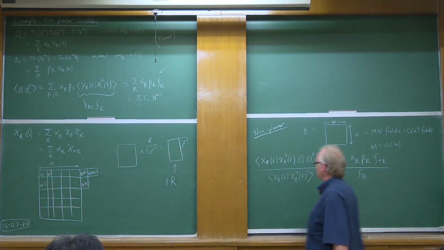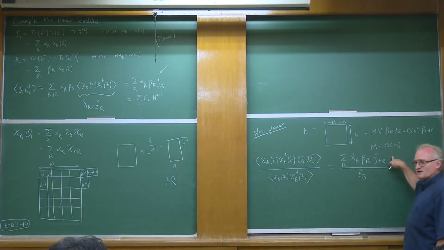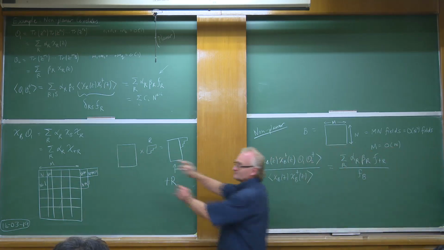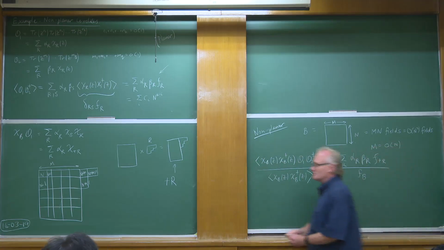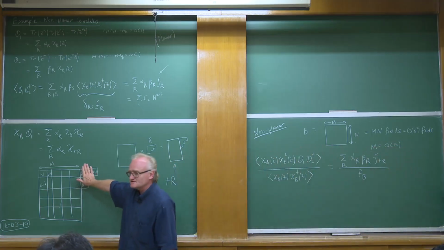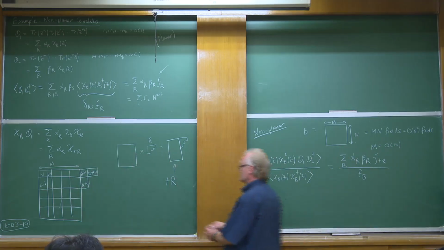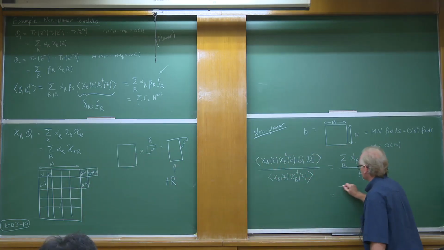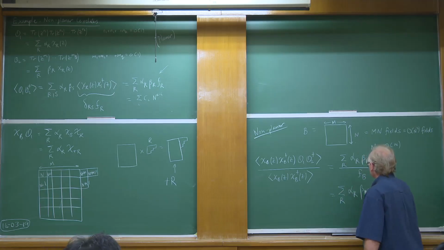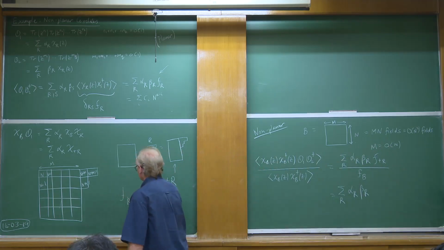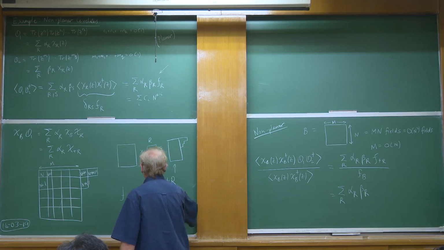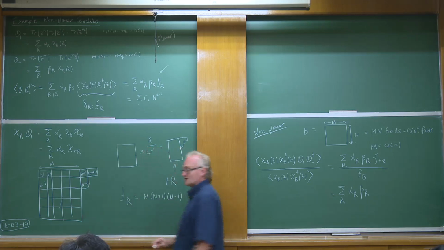So if we look at what's happening here, here we've got f plus r, which would be a product of all of those numbers, divided by fb, which would be a product of all of the numbers except for these sitting out here. So in the end, what do you get? You just get a sum over r, alpha r, beta r, and now fr itself would have been n times n plus 1 times n minus 1.